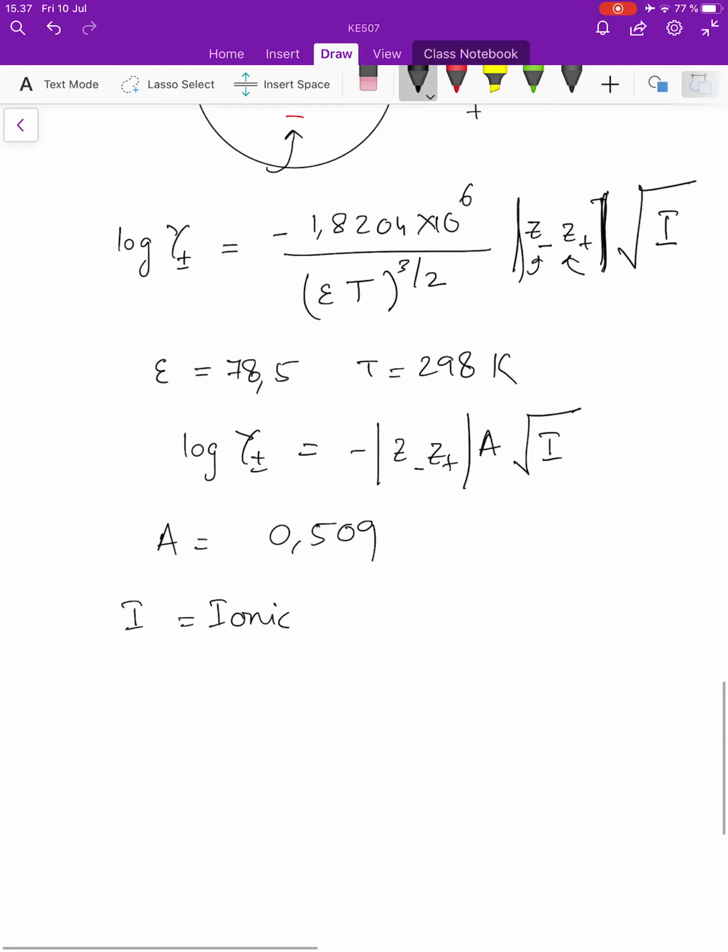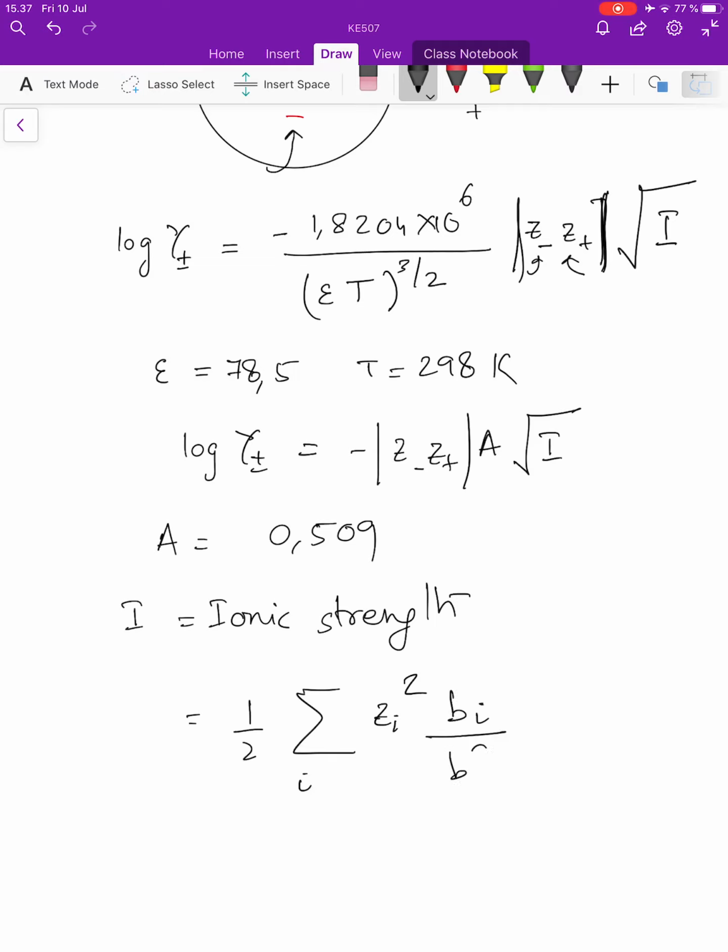I is called the ionic strength of the electrolytic solution, and this is equal to half multiplied by the summation over all ions of the charge on each ion squared, multiplied by the molality of the ion divided by the standard molality.